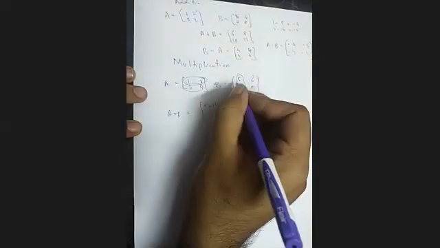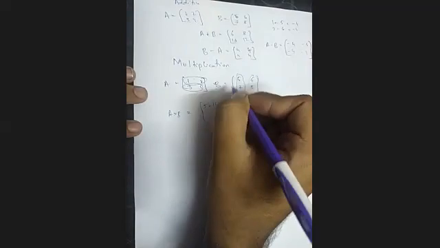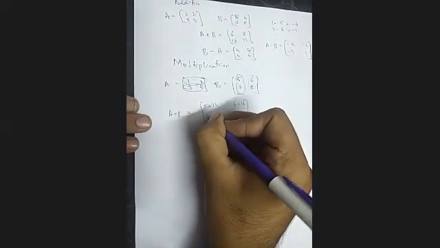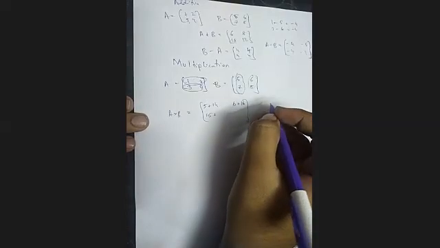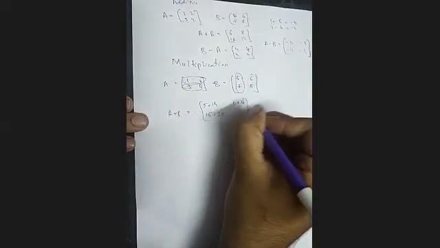Similarly, 3 into 5 is row into column. 3 fives are 15 plus 4 into 7 is 28.